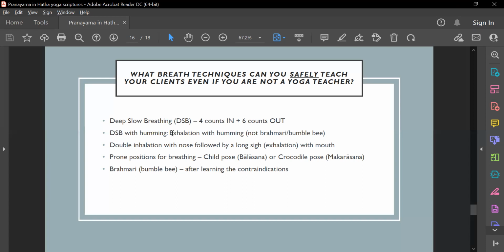So the same exercise, deep slow breathing, you can do where the 6 counts of exhalation is done with humming. This is not Brahmari, the bumblebee breath that we do. But if the person has not done Brahmari, this can be equally effective as Brahmari.